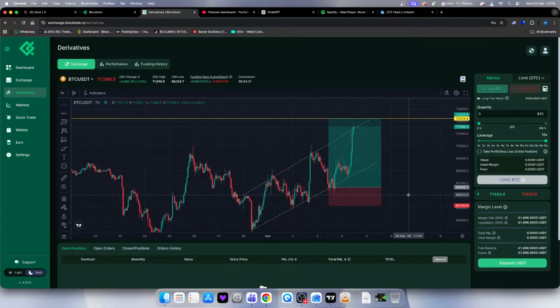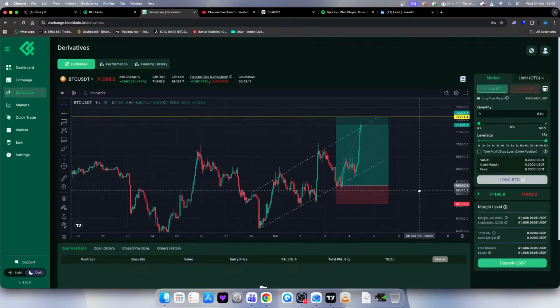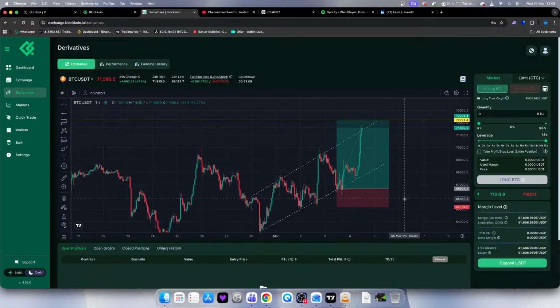Understand that knowing where to place your stop loss and understanding liquidity will help you place your stop losses much better. Because you understand that price needs to tap into certain liquidity, grab certain liquidity, or break through certain liquidity in order for you to place your stop loss at a valid point.